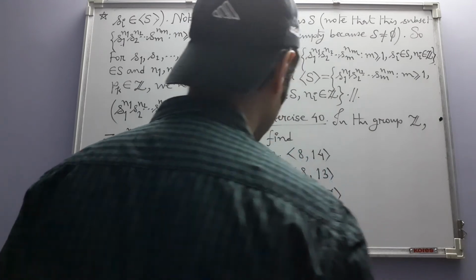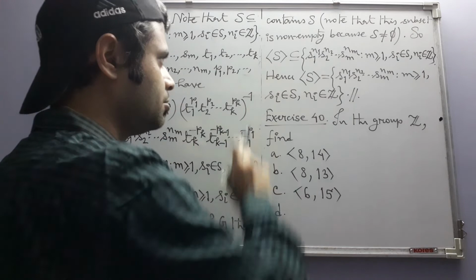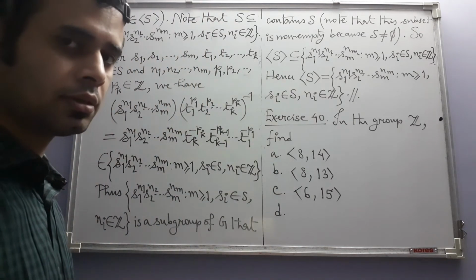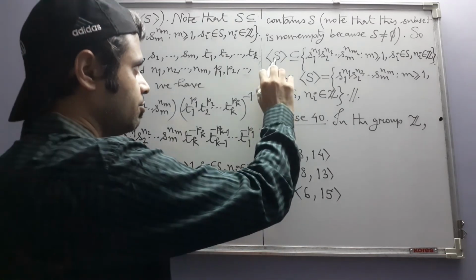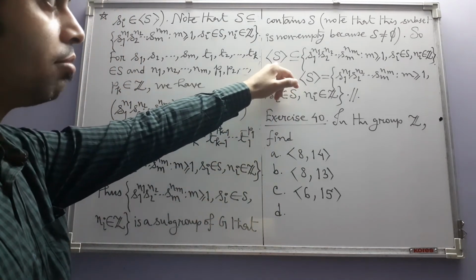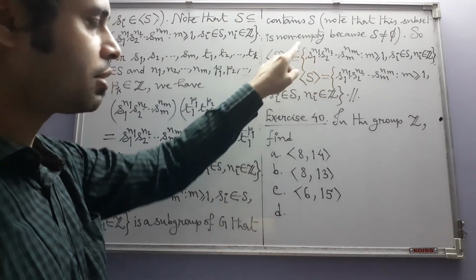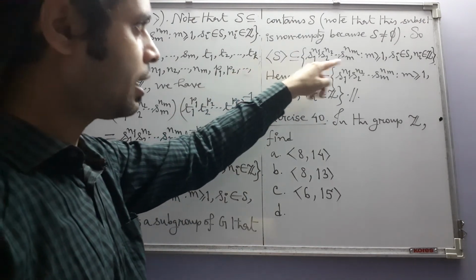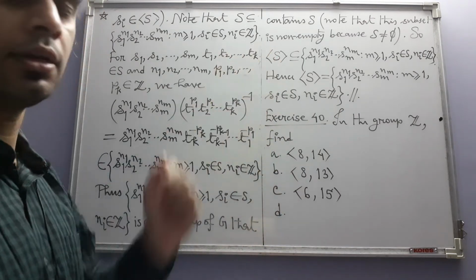D, the subgroup generated by M and N. If you look carefully, this concept of subgroup generated by a subset is a generalization of the cyclic subgroup generated by a single element, because if S becomes the singleton set consisting of only one element, then you would be considering integral powers of only that element, because that is the only element available in S, and that is just by definition the cyclic subgroup generated by that single element.